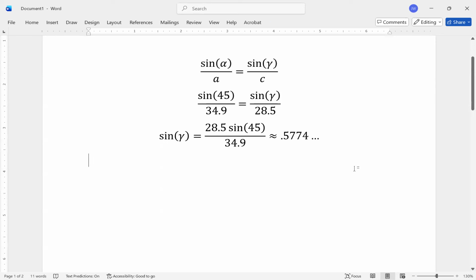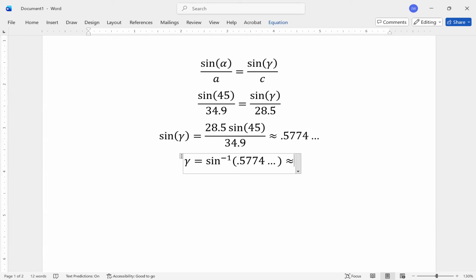We know that there are two angles between 0 and 180 where sine of that angle is 0.5774. One of the angles is just the inverse sine of that 0.5774 number. Again, I'm going to use exact values when I type it in to my calculator.